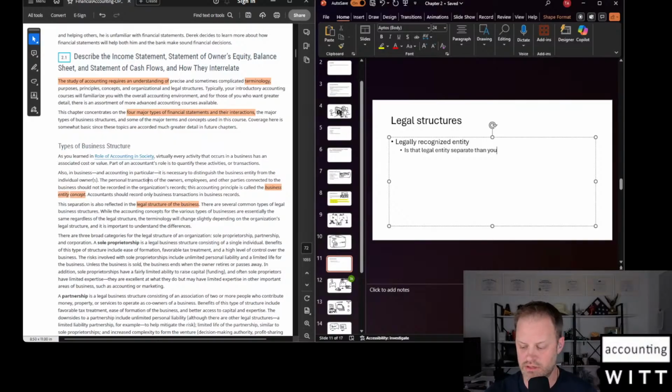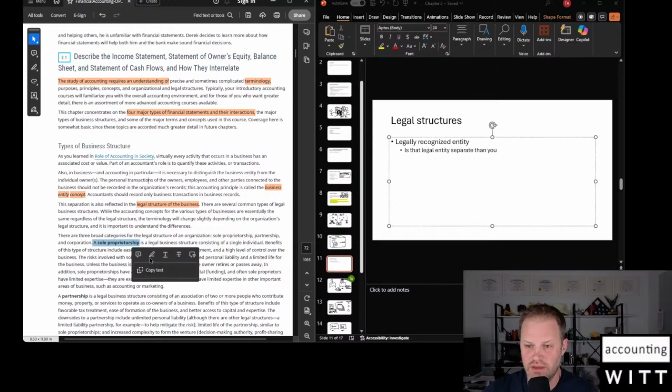You're the one taking risk. Well, that's what's called a sole proprietorship, is when the business legally is owned by the owner as one person.